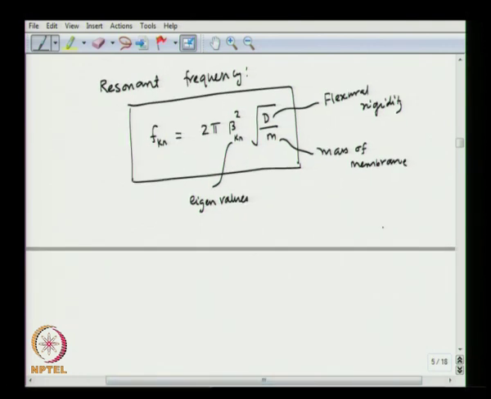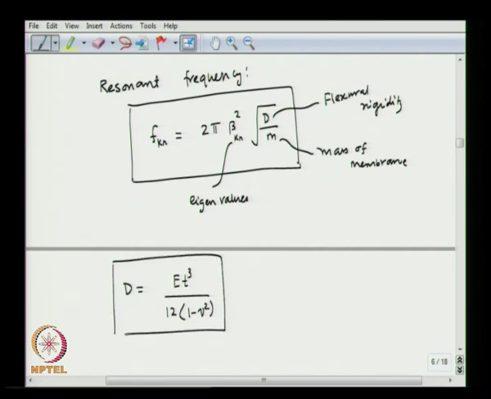The flexural rigidity d can be written as Young's modulus into thickness to the power 3, divided by 12 into 1 minus Poisson's ratio square. So, this is the expression for the flexural rigidity.